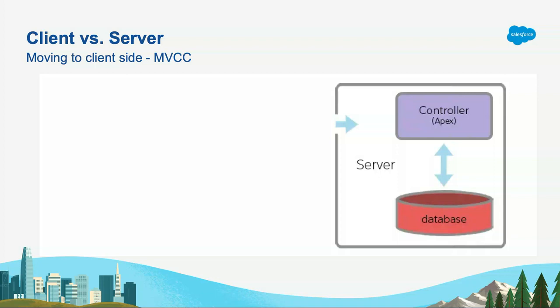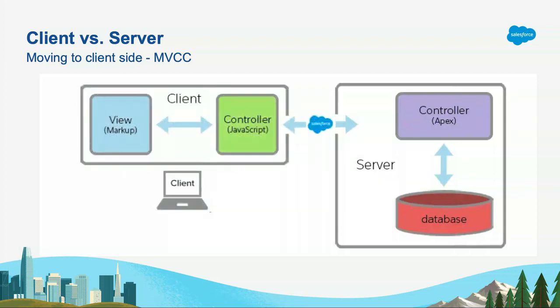Our Apex controller is not going anywhere. Apex still lives in Salesforce. The model's not going anywhere. The objects and fields are still in Salesforce. But we want better performance, so we're going to move the entire view over to the client side. The view is now directly in your browser. It kind of defeats the purpose if we have the view in the browser and have to make Apex calls every time, so we're also going to put a controller in the client side.